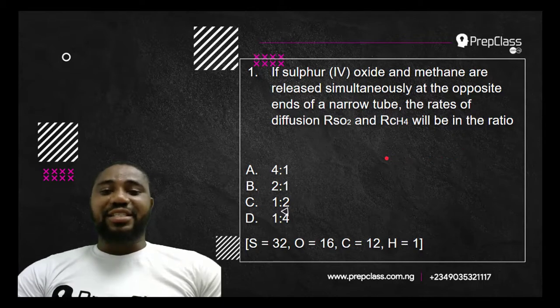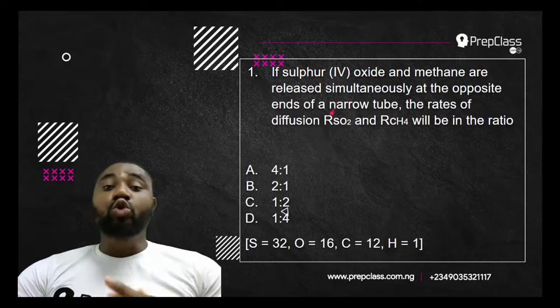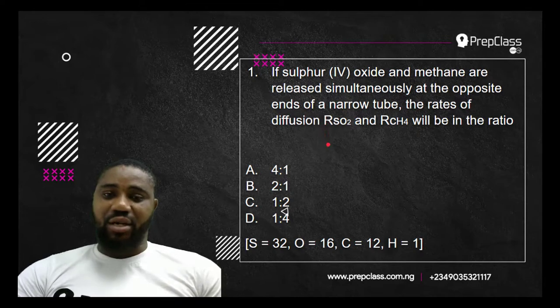So they are asking you to compare these two gases, sulfur IV oxide and methane. If you place both of them at opposite ends of a tube, which one would diffuse faster? That's the meaning.